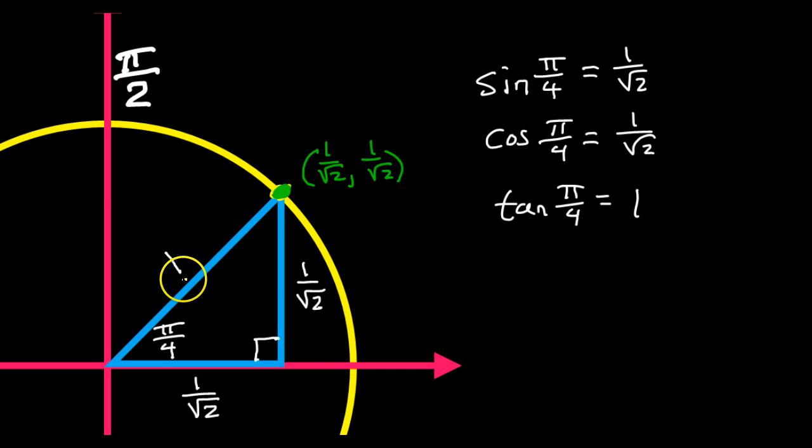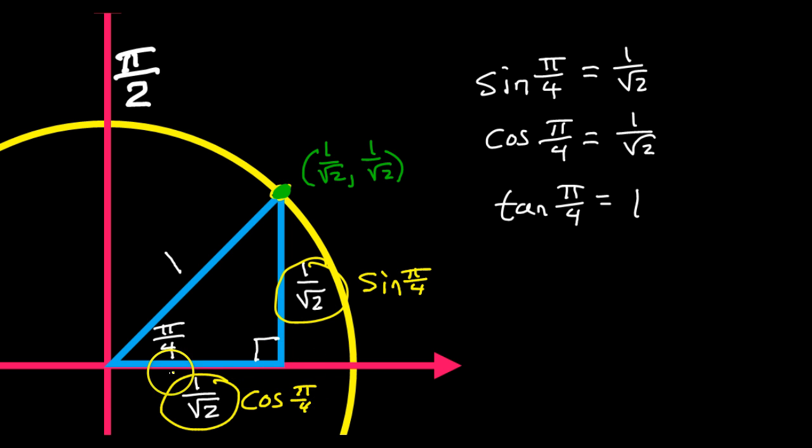Because the hypotenuse is 1, and the sine function is opposite over hypotenuse, this is always going to be just the sine function. And this is always going to be the cosine.